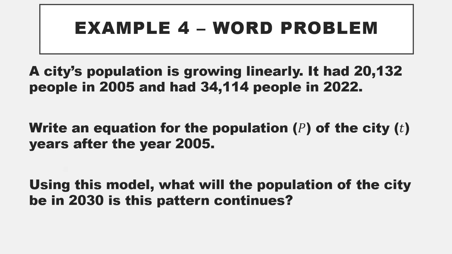So 2005 is my starting year, so 2005 means a t of 0. And the fact that the population of the city was 20,132 in 2005 essentially means that we're going through the point (0, 20,132).